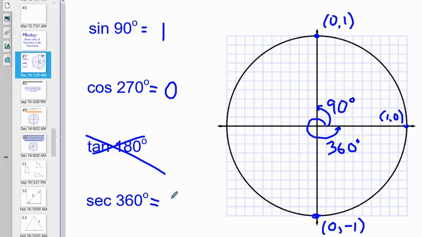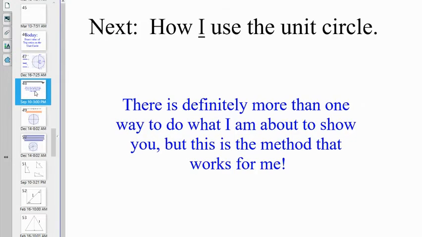Secant would be the reciprocal of that, but 1 divided by 1 is just 1. So secant is 1. By the way, sine would be 0, which means cosecant would not exist because the reciprocal of 0 does not exist. It's infinitely large, but more on that later. So that's if it's straight up, straight down, straight left, straight right, lots of zeros and ones.